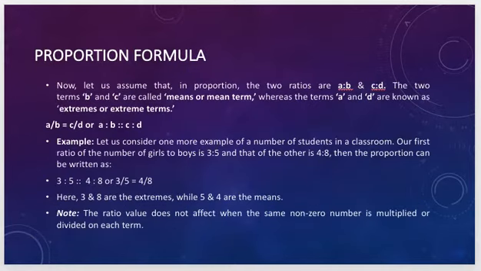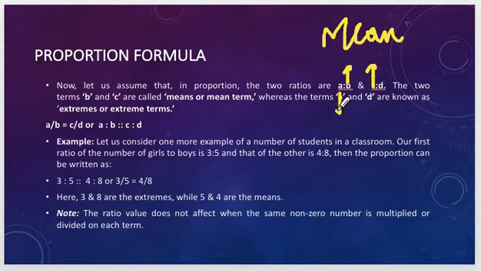Then proportion formula. Now let us assume that in a proportion there are two ratios, A is to B and C is to D. Now B and C, the middle terms, are going to be called the mean terms. This one and this one are called means because they are in the center.